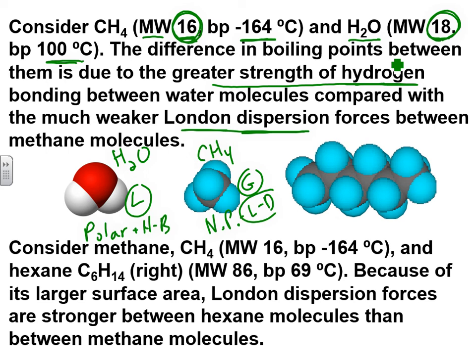Now, what if we consider methane and this molecule right here, which is something called hexane. The boiling point of methane is obviously well below room temperature, but hexane's boiling point is above room temperature, 69 degrees Celsius. Hexane has a molecular weight of 86, quite a bit higher than methane's 16.